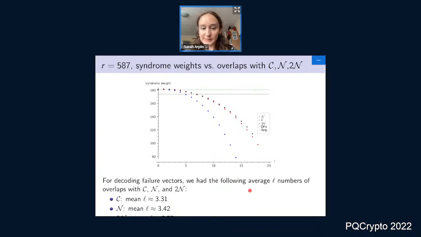That is to be expected. Above, we have our average syndrome weight, the green dotted line, and then the black dotted line is the average syndrome weight for a decoding failure vector. So again, the number of overlaps is not large enough to really single out these decoding failure vectors.